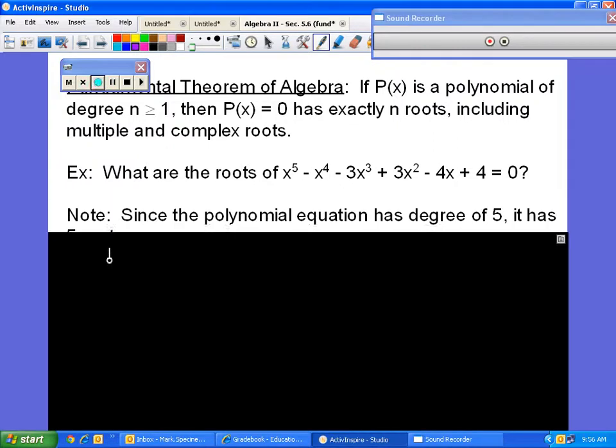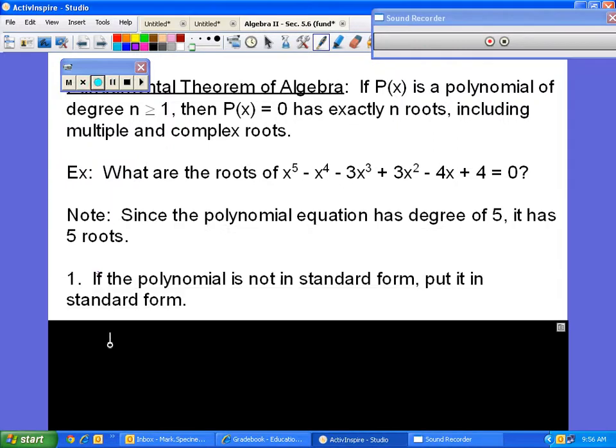All right, so the first step in the problem, you could ignore this. The first step in the problem is to make sure that your problem is in standard form. What are we ignoring? This little note. All right, so is this problem in standard form? Yes.